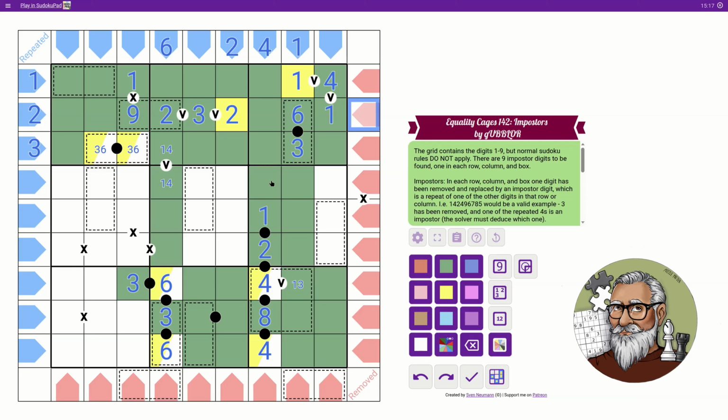What about this? Okay, this could be interesting because of the combinations here. All right, let's pencil mark that. Start with this. What could it be? It could be 2, it could be 5, right?